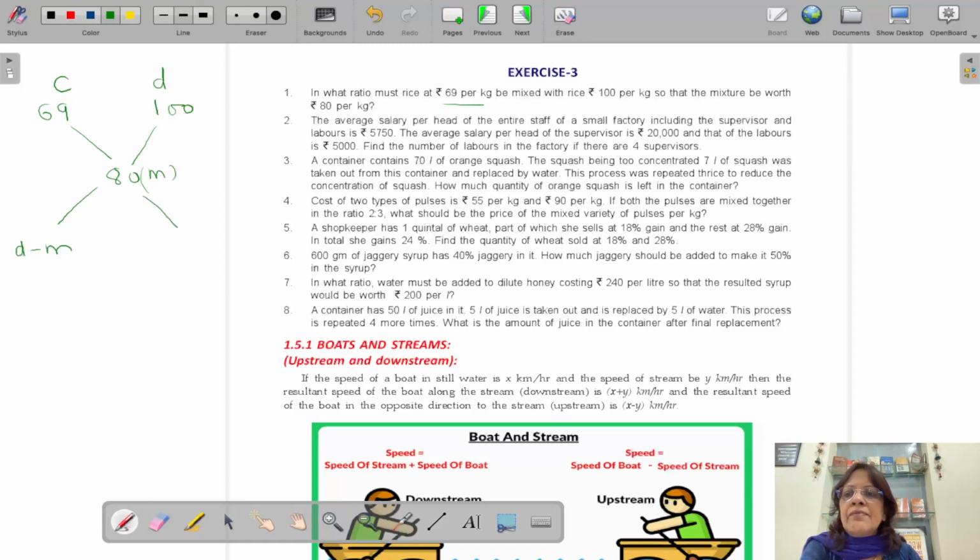Then here you will write M, D minus M, and this is M minus C, right? So D minus M will be 100 minus 80, which is 20, and 80 minus 69, how much? 11, right? So what was the formula?